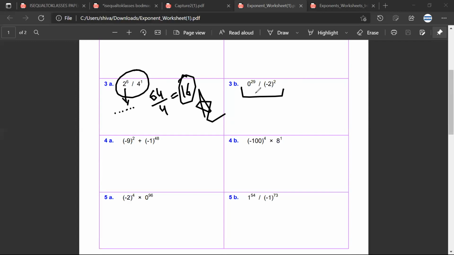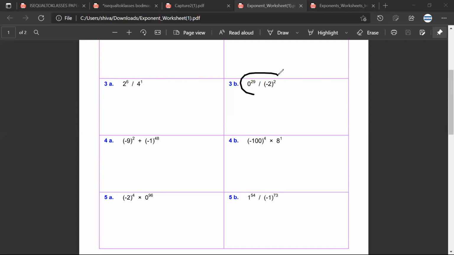So I didn't understand. Okay, no problem. See, I can write this as 0 upon 29 divided by -2 square. Is it okay? Yes, sir. So what would this be equal to?